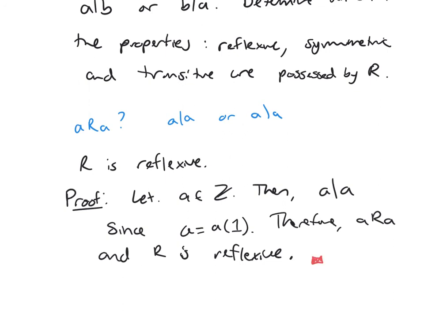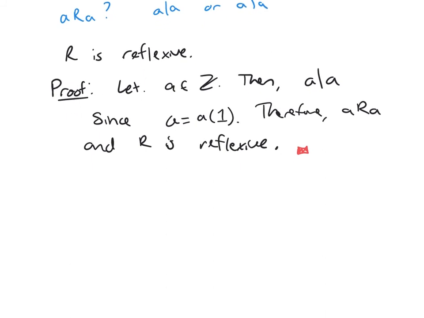So now let's look at symmetric. If I'm looking at symmetric, I'm assuming a relates to b. So I know from the assumption that a relates to b that either a divides b or b divides a. Now the question is, does b relate to a?